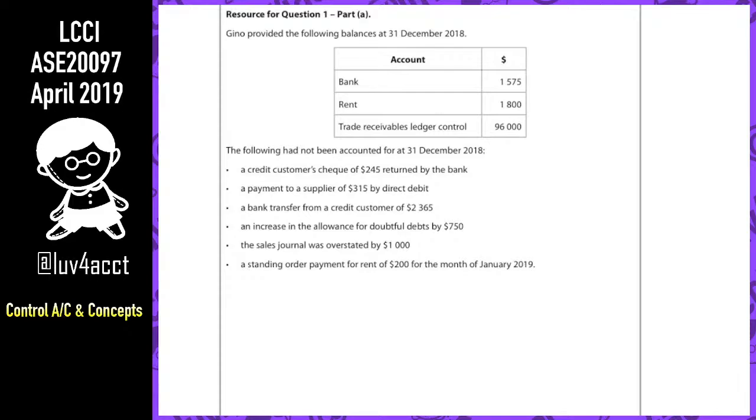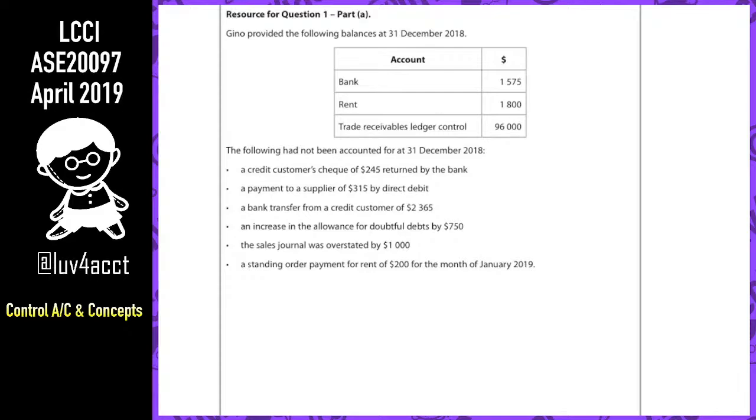This is the end of an accounting period. So bank account, rent, trade receivables ledger control, given to you the balances. All normal balances and not given to you any other. The following had not been accounted for as at year end.